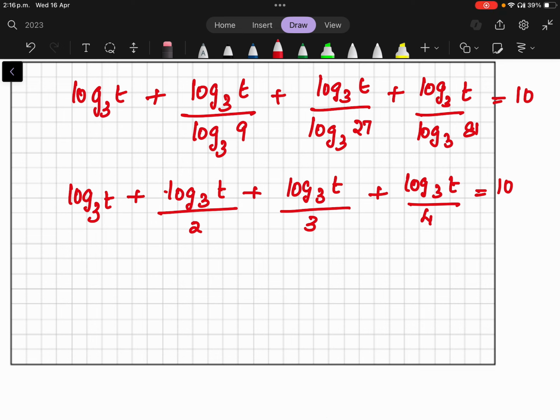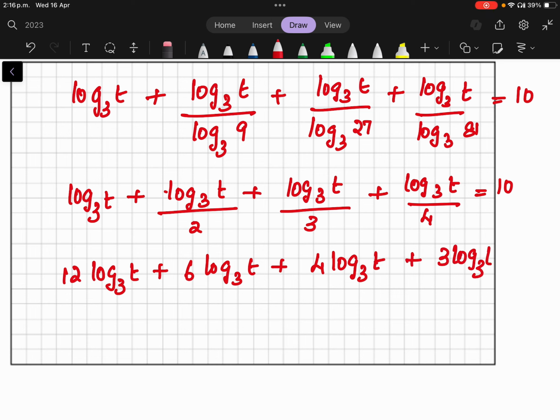What I can do is take the common denominator and multiply it across. So I will multiply by 12: 12 log t plus 6 log t plus 4 log t plus 3 log t, which is equal to 120.